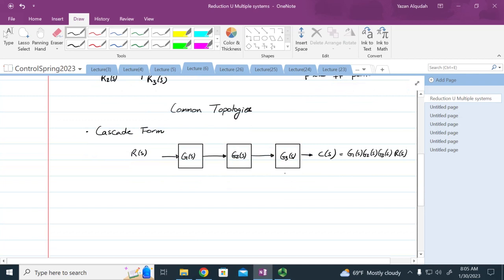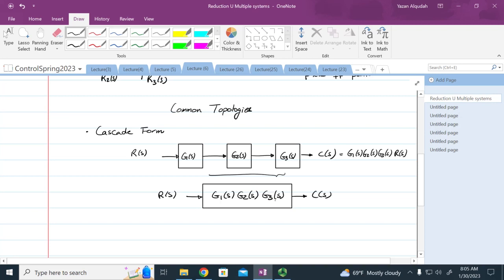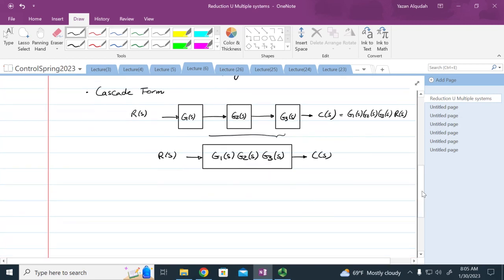And therefore, we can take all these blocks and reduce them into a single block. This is R of S, C of S, and inside this block is G1 of S multiplied by G2 of S multiplied by G3 of S. What is the assumption that we make when we reduce these multiple blocks into this block?